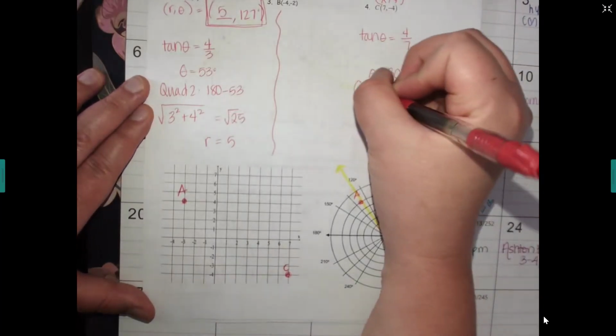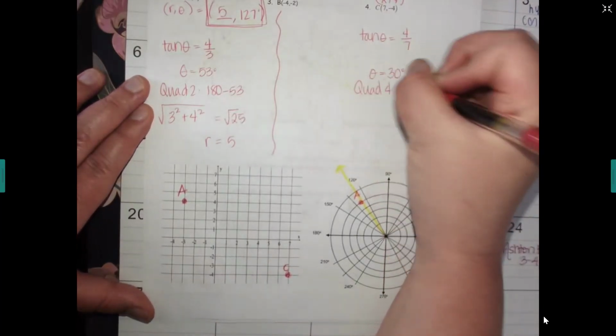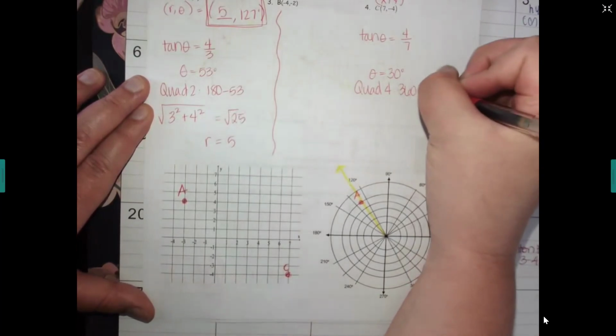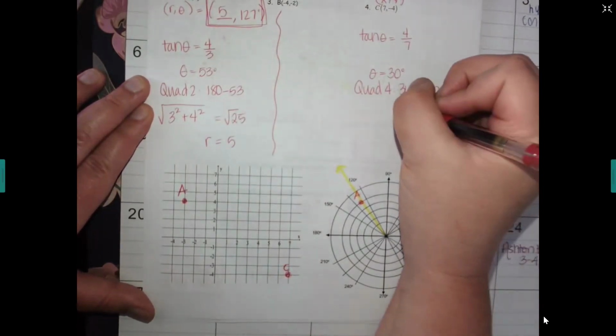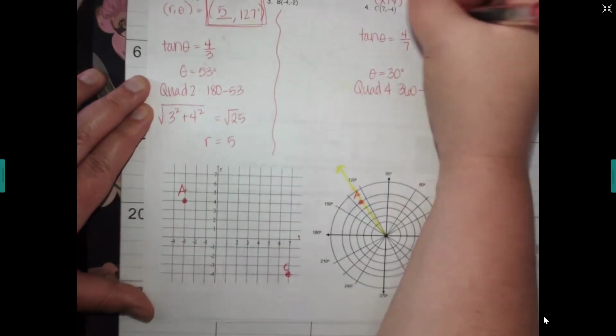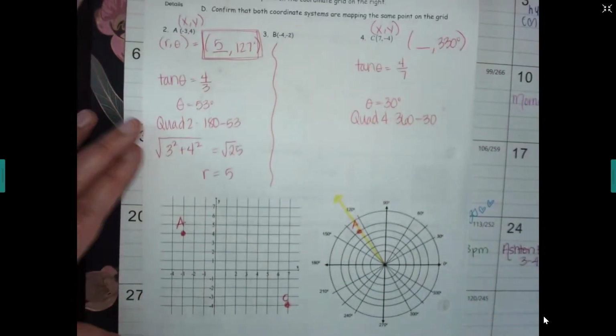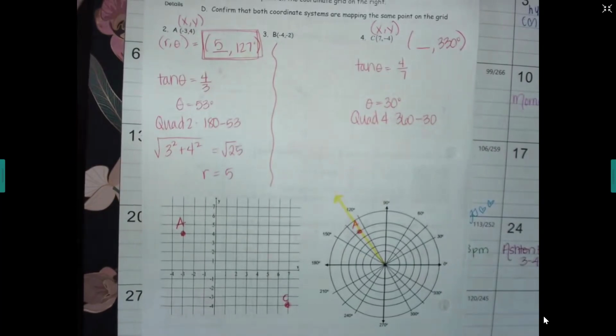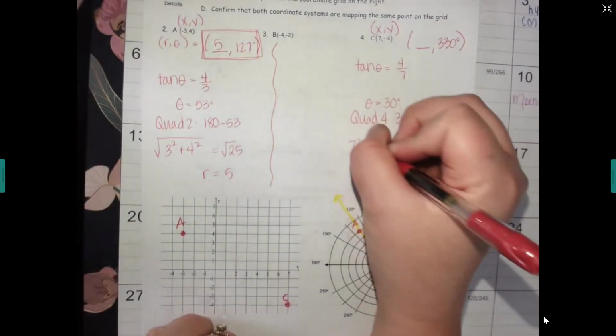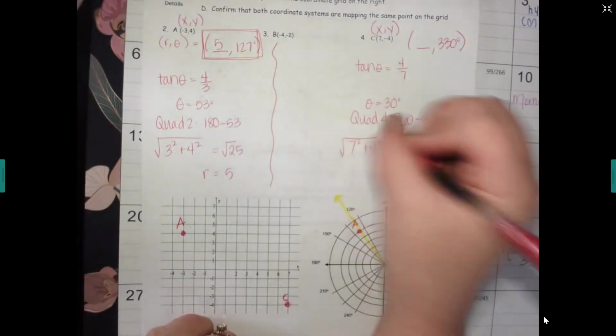So I'm going to write here, this is a quadrant 4 angle, which means I'm doing 360 minus the 30 to get 330 degrees. But remember, r comma theta, theta comes second. So next, let's find our r. Remember, that's going to be a squared plus b squared. Don't consider negatives. So it'd be 7 squared plus 4 squared. Take the square root.